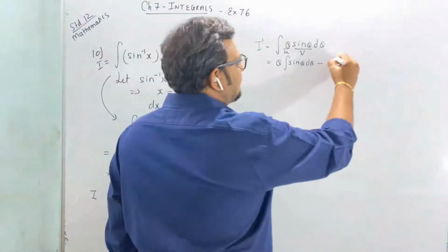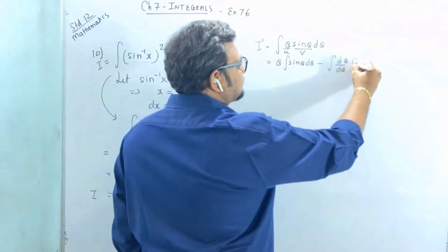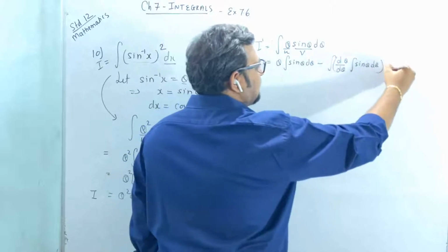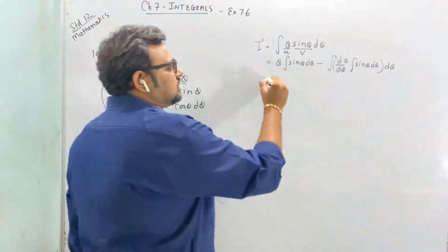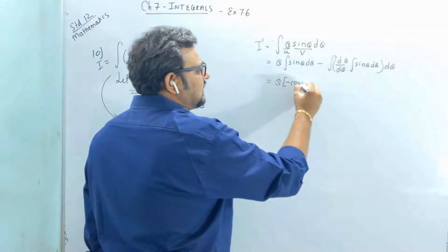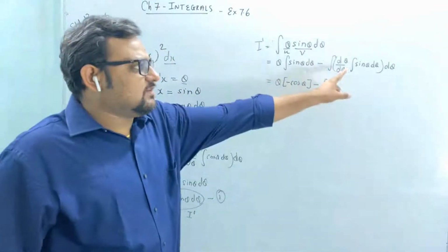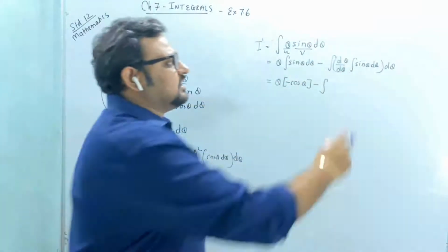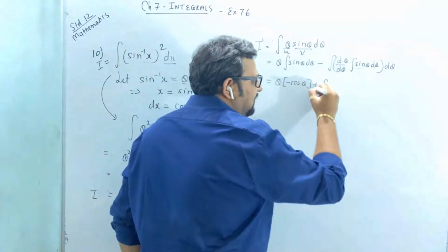Minus integration of derivative of theta, integration of sine theta d theta d theta. So this will be equal to theta into integration of sine theta, minus cos theta, minus d theta by d theta, which is 1, integration of sine theta again minus cos theta, so I will make it here plus.